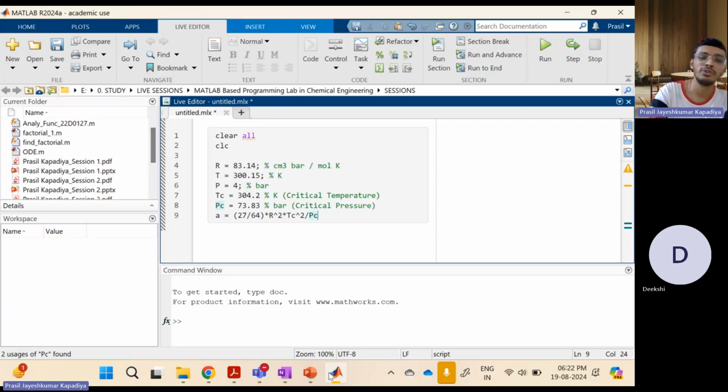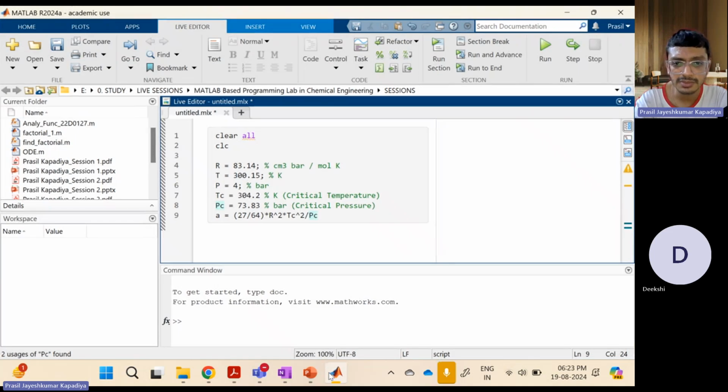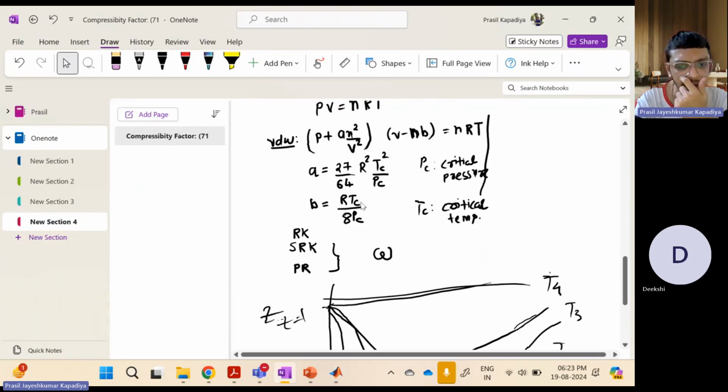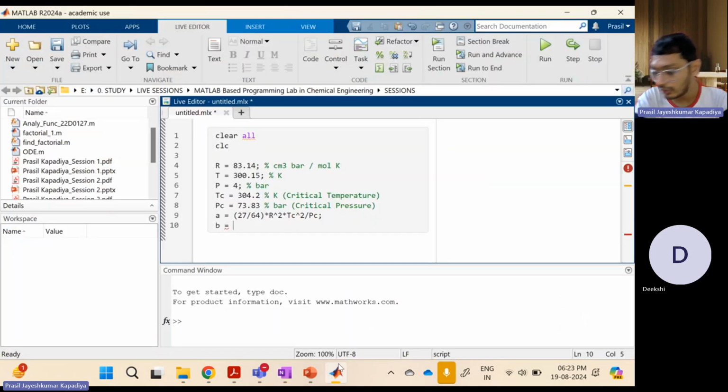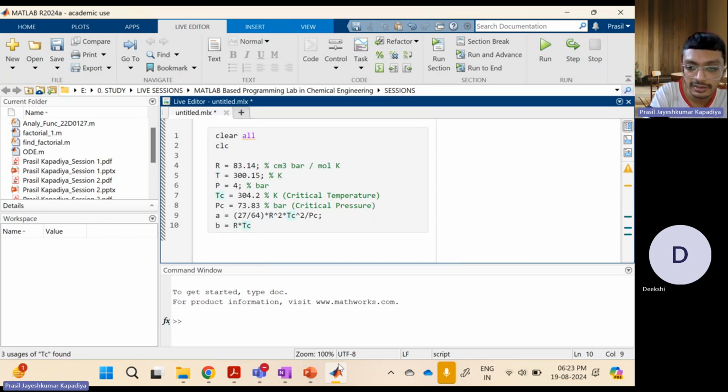We don't need to know the value of A, so I will just put one semicolon at the end of A. Now B is given by R TC divided by 8 PC. So I will write B is equal to R into TC divided by 8 into PC. This is my value of B.